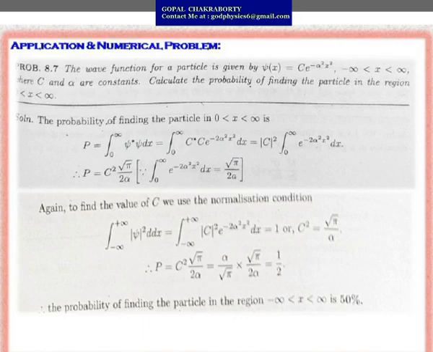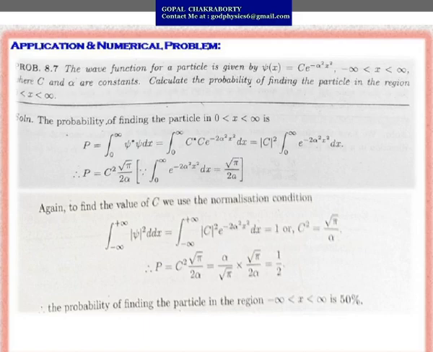the probability of finding the particle from 0 to infinity is capital P equals the integration from 0 to infinity of psi star psi dx, which equals the integration from 0 to infinity of c star c e to the power minus 2 alpha square x square dx. So that equals c square times the integration from 0 to infinity of e to the power minus 2 alpha square x square dx.